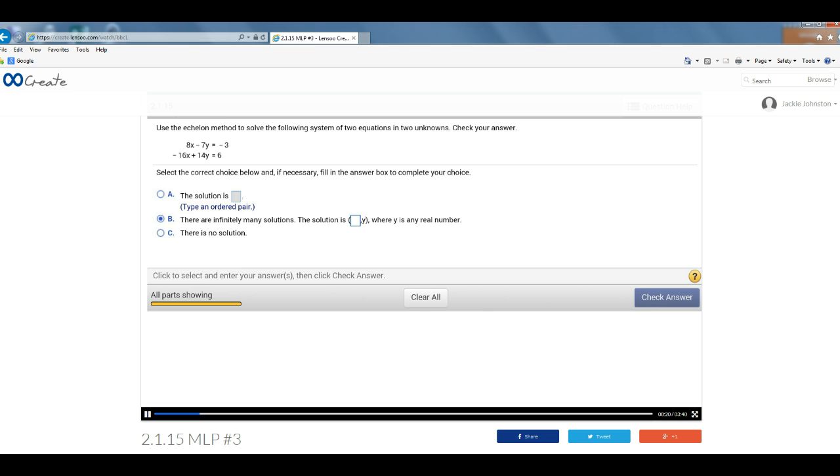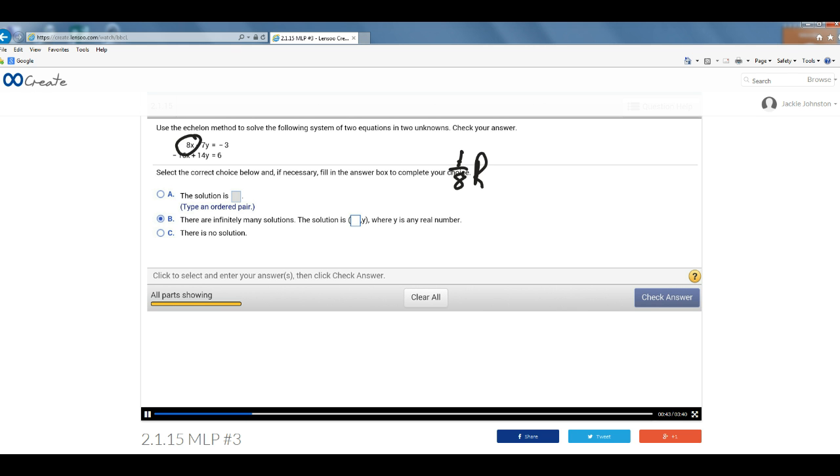The echelon method wants us to make that first entry right there a 1x. In order to do that, I could multiply my row 1 by positive 1 over 8.